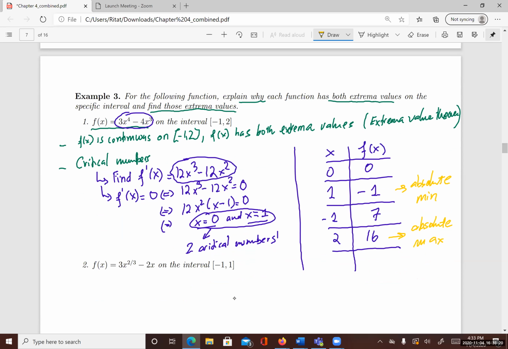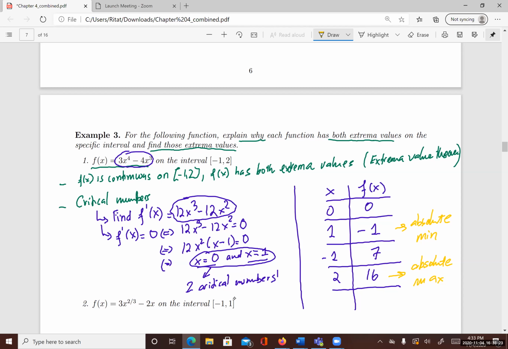When you answer this question, you can say f of x has the absolute minimum value of -1 and it occurs at x equals 1. Similarly, the function has the absolute maximum value of 16 and it occurs at x equals 2. And again, we're looking at these functions on the closed interval from -1 to 2.